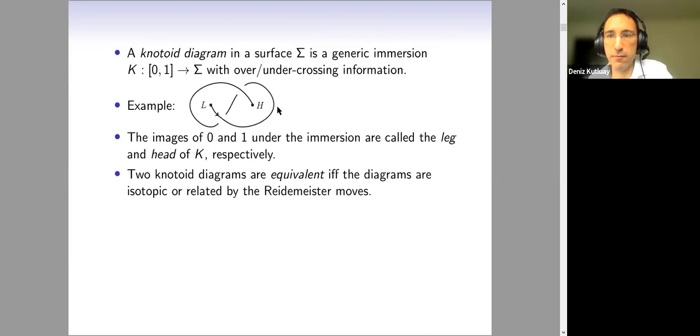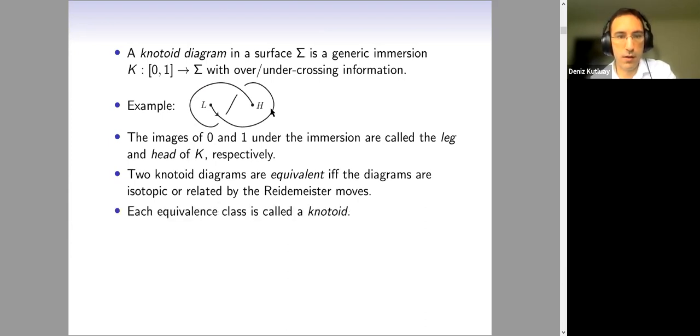So these are special points. And then we say that two knotoids are equivalent if and only if the diagrams are either isotopic or they are related by Reidemeister moves. Then we can define a knotoid by saying that each equivalence class under this equivalence relation is a knotoid.